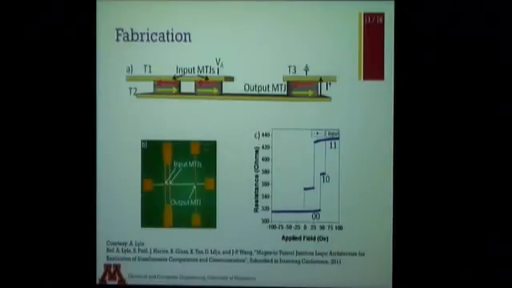So basically, it's just 3 pillars of MTJs on a common bottom lead, and then the 2 input terminals are separated, and that's where voltages are applied. That's the nice curve that they got from the devices. And that verified that we are able to do the 2 input logic operations of NAND and NOR.